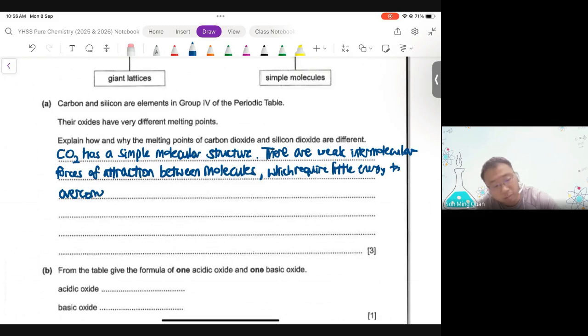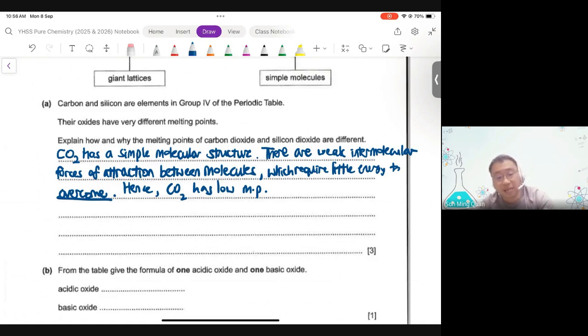Overcome is the word, not break. Hence, CO2 has a low melting point. So that's CO2: simple molecular structure, weak intermolecular forces of attraction between molecules, little energy needed to overcome. Therefore, low melting point for CO2.